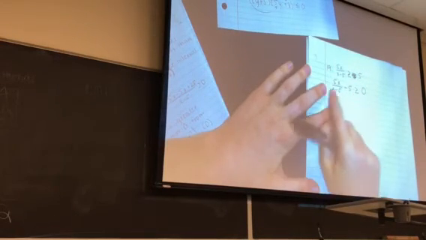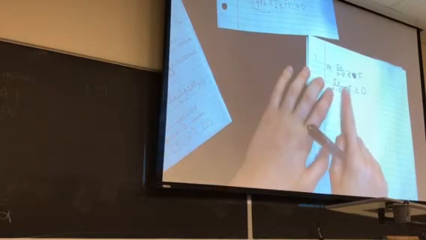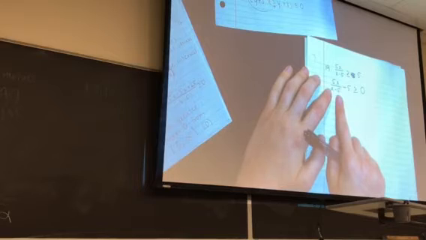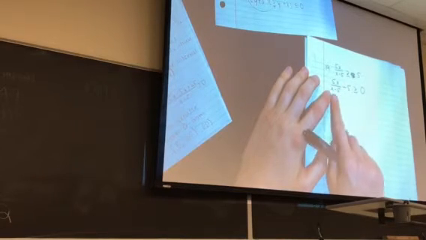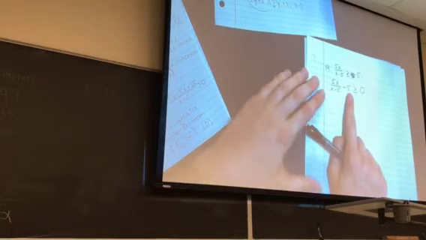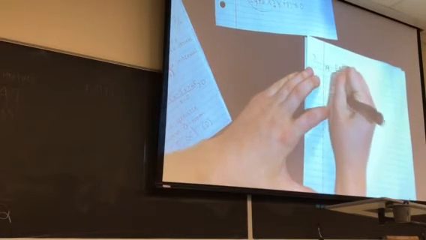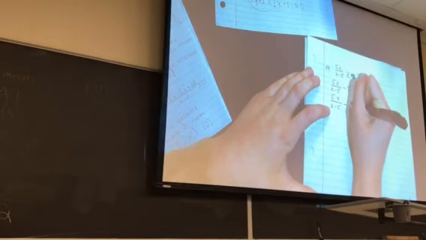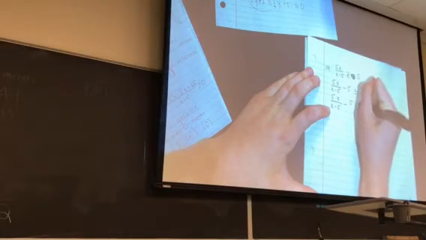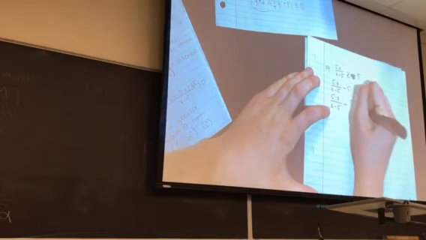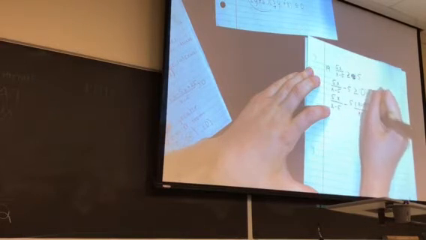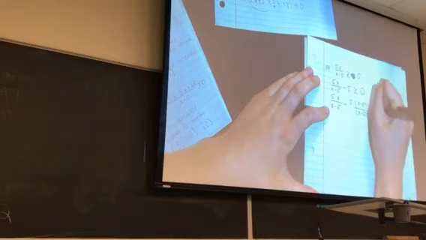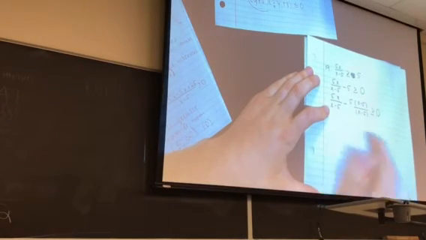And so to be able to combine, like I want to have this in one term, I would have to have a common denominator, okay? So we're going to multiply this by x minus 5 over x minus 5. So we get 5x over x minus 5 minus 5 times x minus 5 over x minus 5 is greater than or equal to 0, okay?